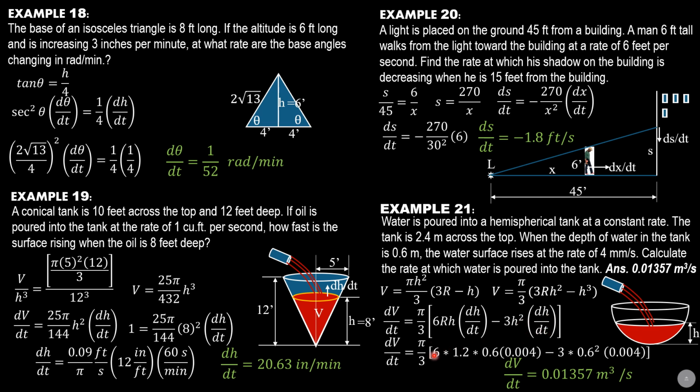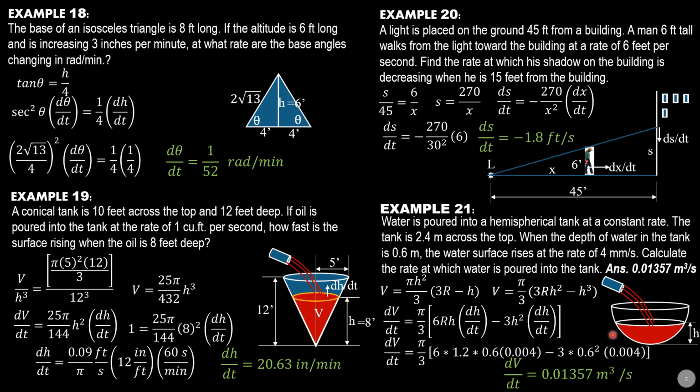Substituting pi over 3 quantity 6, R is 1.2, when the depth is 0.6, dh/dt is 4 mm per second, or 0.004 meter per second. Then minus 3 times h, 0.6 squared, dh/dt 0.004 meter per second. So dV/dt, the discharge, is 0.01357 cubic meters per second.